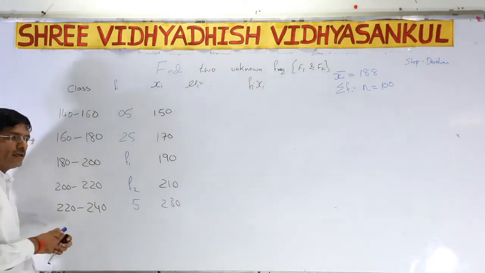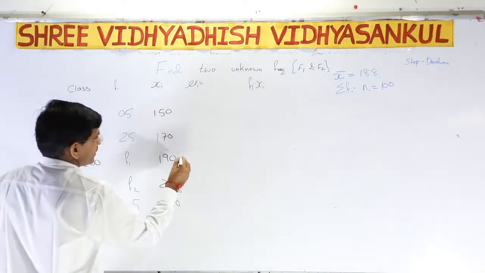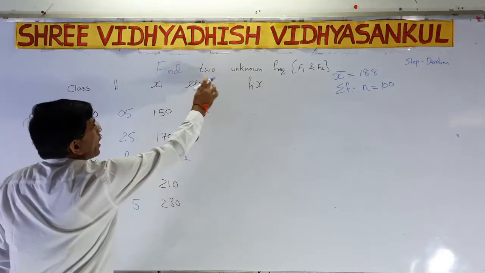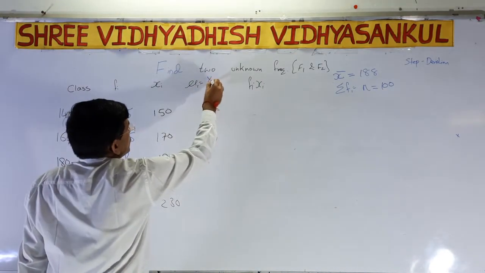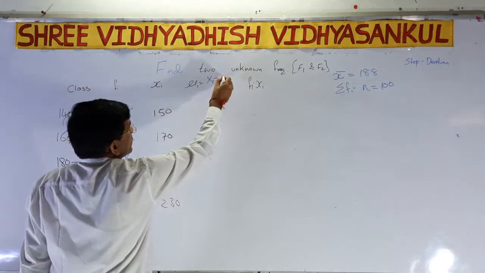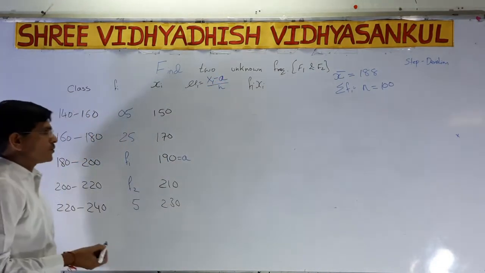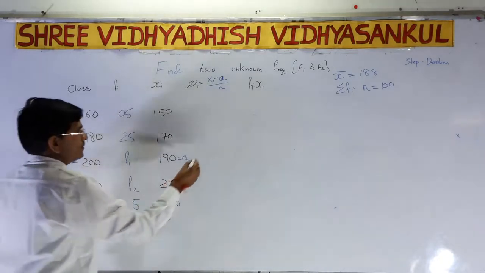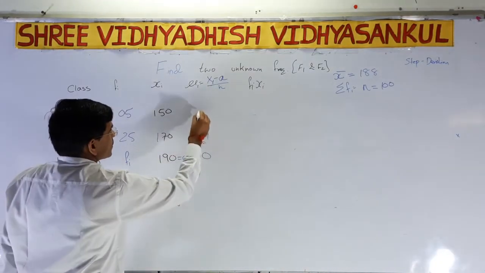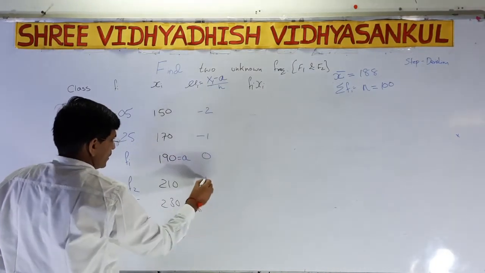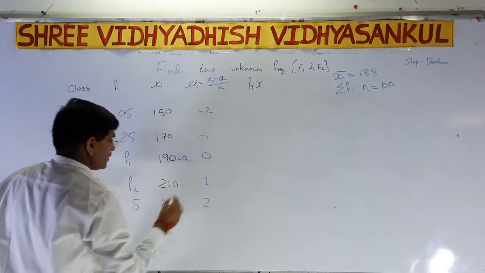Either F1 or F2. So I am assuming A here. Now how do you find Ui? Ui is equal to Xi minus A upon H. So always remember, here it is 0. Here minus 1, minus 2. Here 1 and 2.